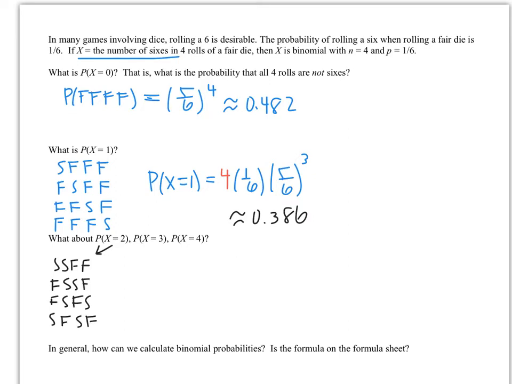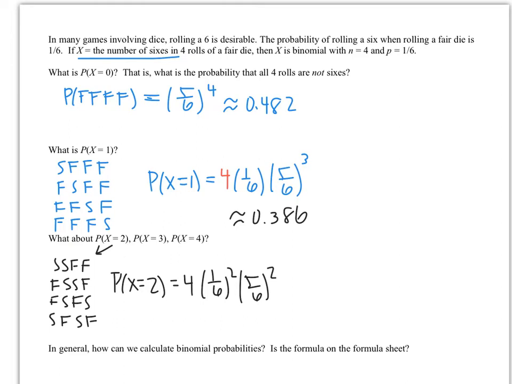So I believe that's all of them. So our probability that x equals 2 then would be 1/6 squared for my 2 successes, 5/6 squared for the 2 failures, multiplying by 4 because there's 4 different cases.